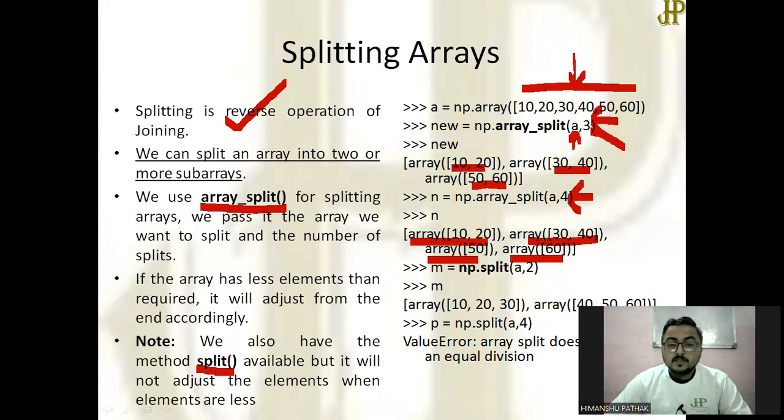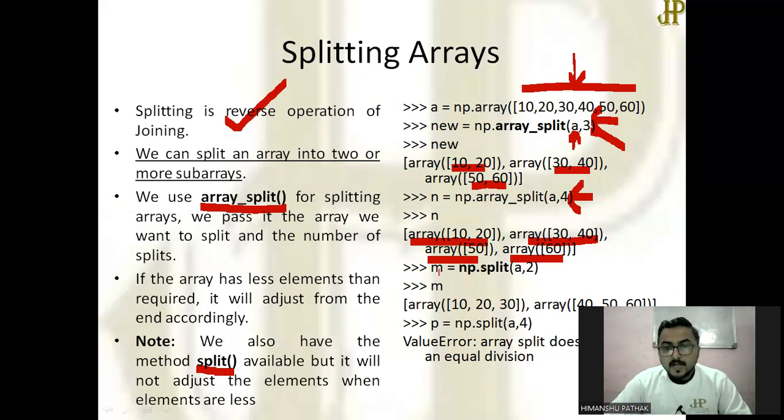If in split there are no common elements to distribute, an equal amount of elements to distribute, then it will give a ValueError exception like this.